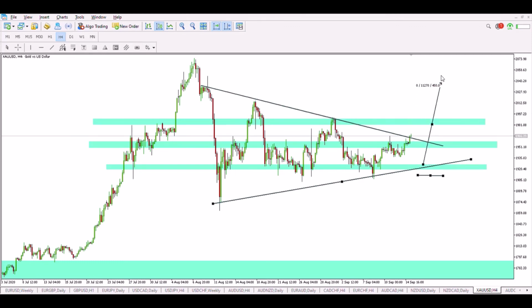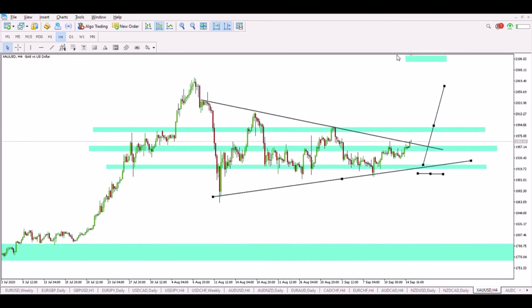So from here it can bounce back up to our target zone right here. So right now it's very safe, if we see a valid break, to take profit somewhere here, because this was the ultimate high, a very strong resistance zone.